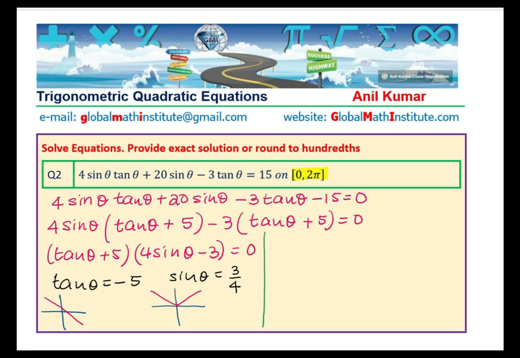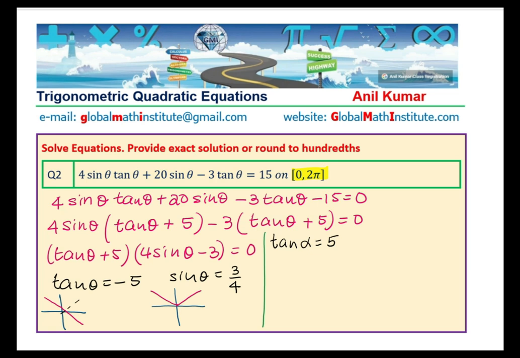So for tan theta equals minus 5, I'll write down tan alpha equals 5. So we'll find the related acute angle in quadrant 1. Setting the calculator in radians, shift tan gives us tan inverse of 5, and we get 1.373.